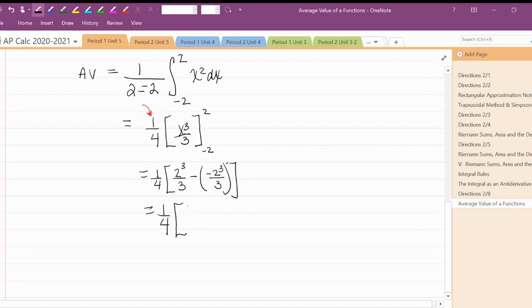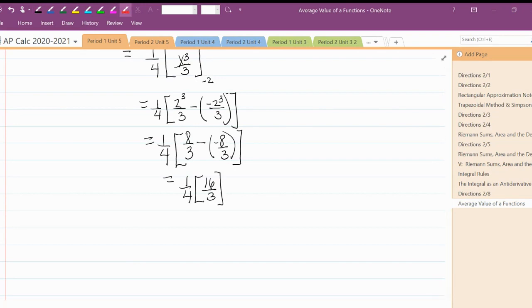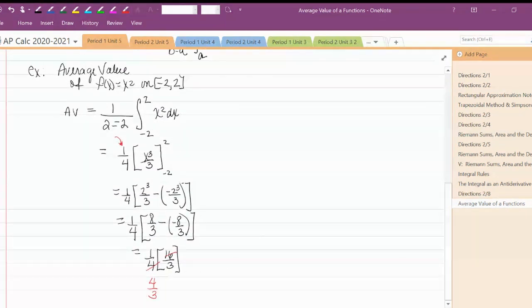So this is 8/3 minus a -8/3. That would be 16/3. And if I take 1/4 of that, I get 4/3. So the average output or average value of our f of x defined as x squared from -2 to +2 is 4/3.